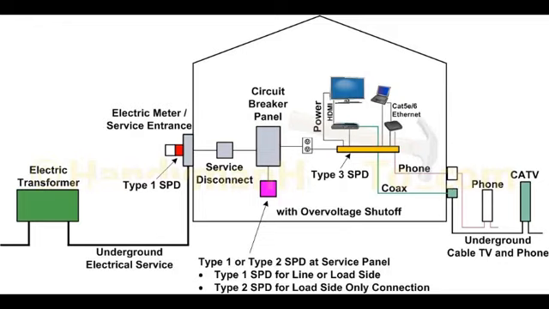So in a home, you think about a typical day. Your refrigerator motor is turning on and off. Your washer and dryer may be turning on and off. Your stove, your oven, your furnace, your air conditioner. Those all have motors that turn on and off and cause switching transients throughout the system.